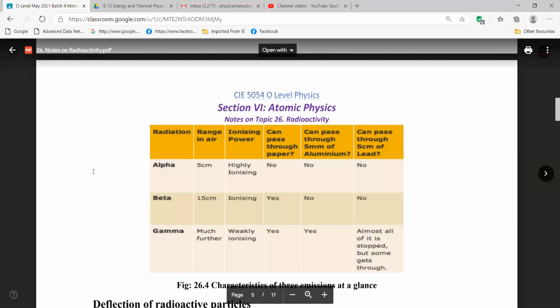Sir, why did we write 5 millimeter of aluminium? Isn't 1 millimeter enough? Look, they are saying range in air 15 centimeter.